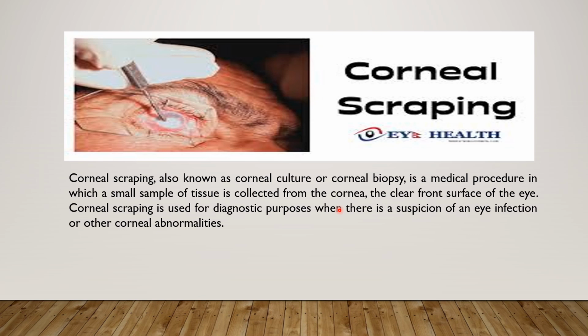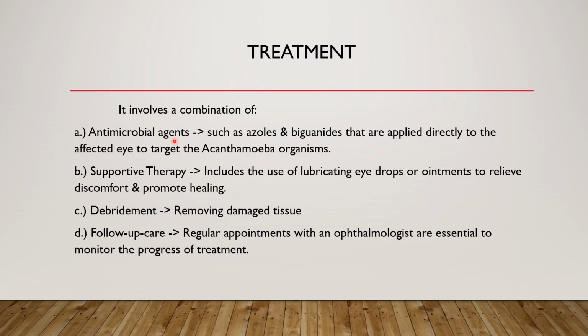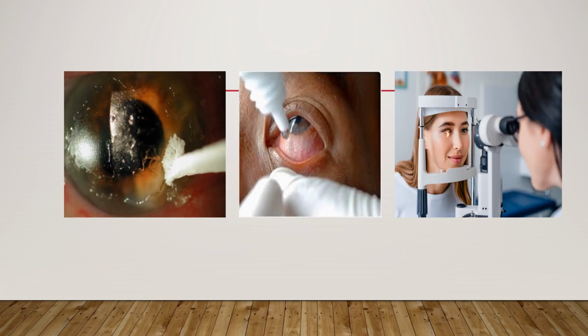So, corneal scraping is used for diagnostic purposes when there is a suspicion of an eye infection or other corneal abnormalities. So, treatments include antimicrobial agents such as your azoles and biguanides that are applied directly to the affected eye, supportive therapy such as using lubricating eye drops, debridement such as removing damaged tissue, and follow-up care with your ophthalmologist to see if there is progress in treatment.